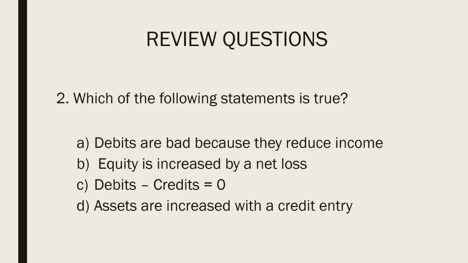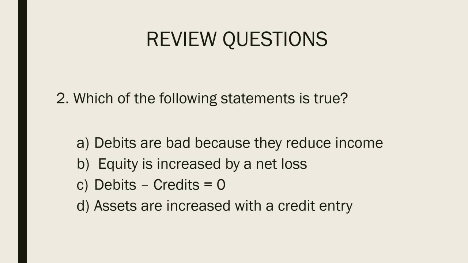All right. Number 2. Which of the following statements is true? Okay. So we have to validate which one's which. Debits are bad because they reduce an income. Is that true though? Equity is increased by a net loss.